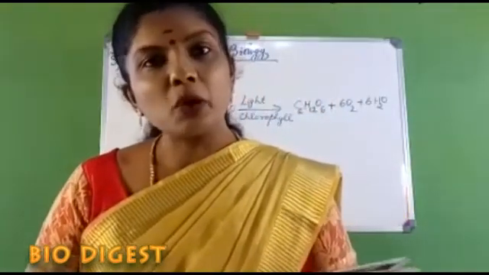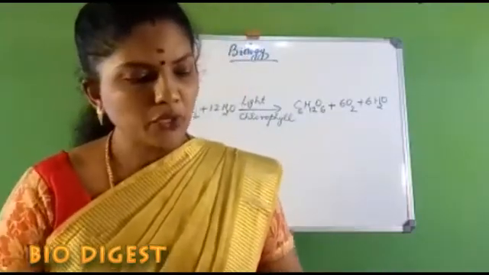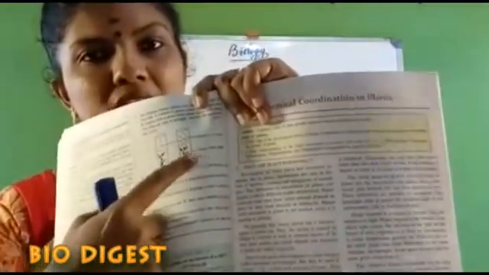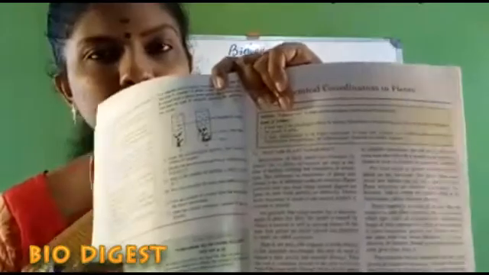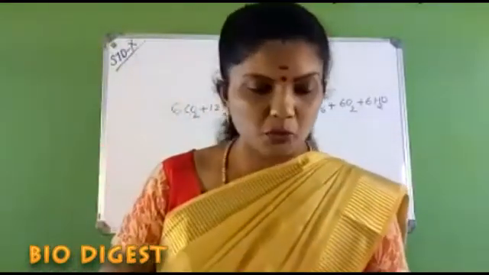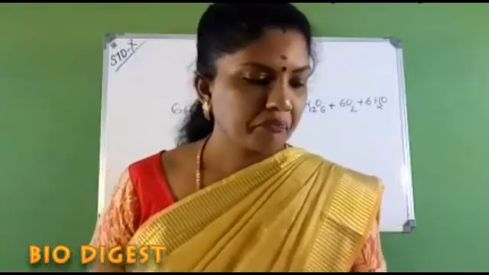Now moving to the 2015 board exam question paper. I don't know whether you will be able to see this textbook clearly. So this is the question. You can see two test tubes given. Find out the exact page number in your textbook; in mine it is page number 78.